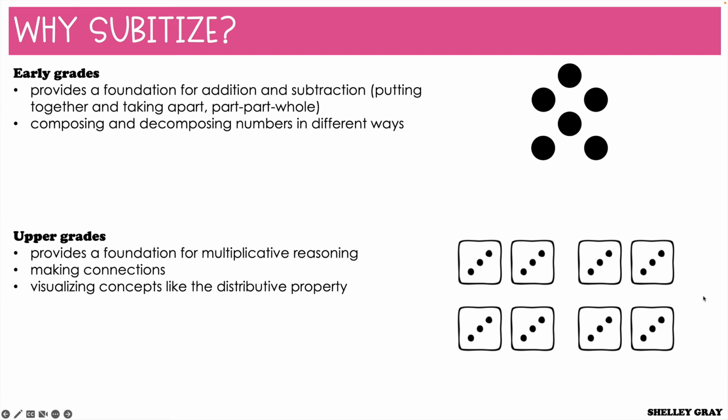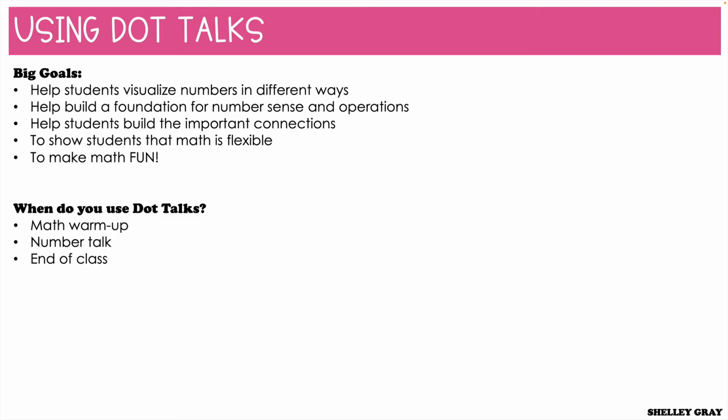We see 8 groups of 3, which can represent 8 times 3. Or we can see 4 groups of 6. We could see 2 groups of 12. So again, so much opportunity for discussion and sharing with students here that is really going to help them build that understanding as they're working on multiplication and division in upper grades.